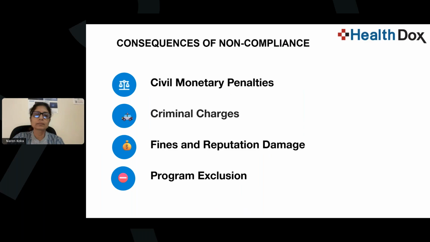What would happen if there is non-compliance with the requirements I just talked about in the previous slide? It could be civil monetary penalties. The organization can face large financial penalties if you are doing business with excluded individuals.